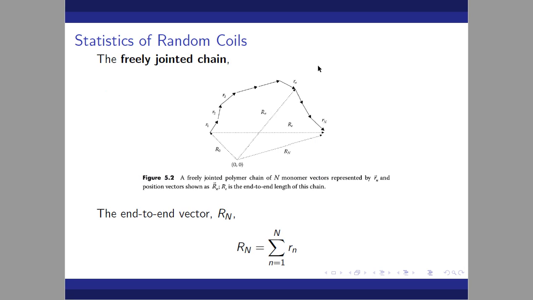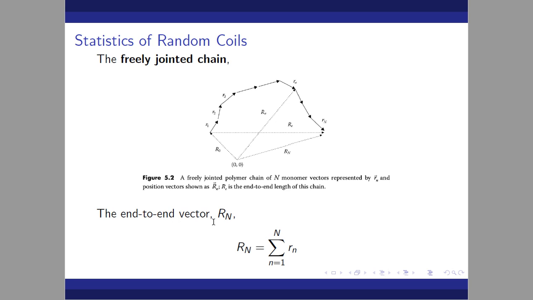Okay, so first we look at the freely jointed chain. We can see here these are C, C, C, C, C, C, C, C, C, C, C. We want to know the end to end distance. So if it can come back to here, we have a loop, but here we can see that these are the end to end chain.